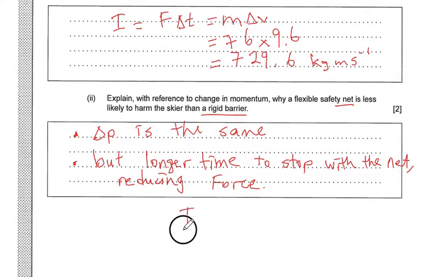And since impulse or change in momentum is equal to force times the change in time, if this is the same, when you increase the time to stop, that means you decrease the force. So when the force is less on you, you get less hurt. And that's how you would explain this question.